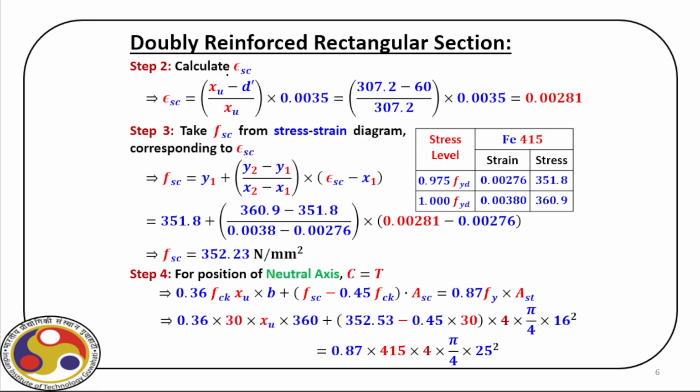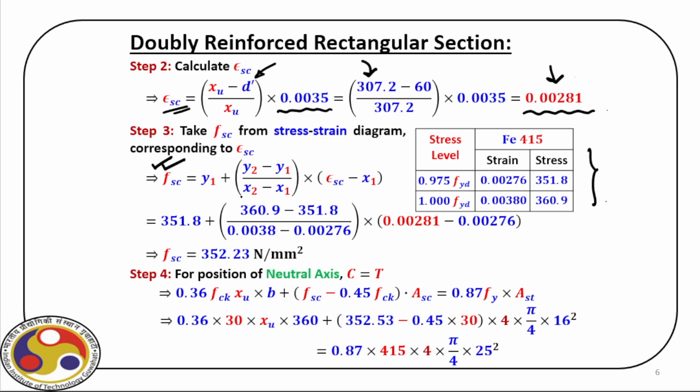In step 2, with this value of XU, we solve for the strain in the compression steel, and that is 0.00281, because we already know D prime, which is 60 millimeter, and the extreme compression fiber has a strain of 0.0035. Once we have the strain in the compression steel, we can refer to the stress-strain table and find the stress corresponding to this strain.